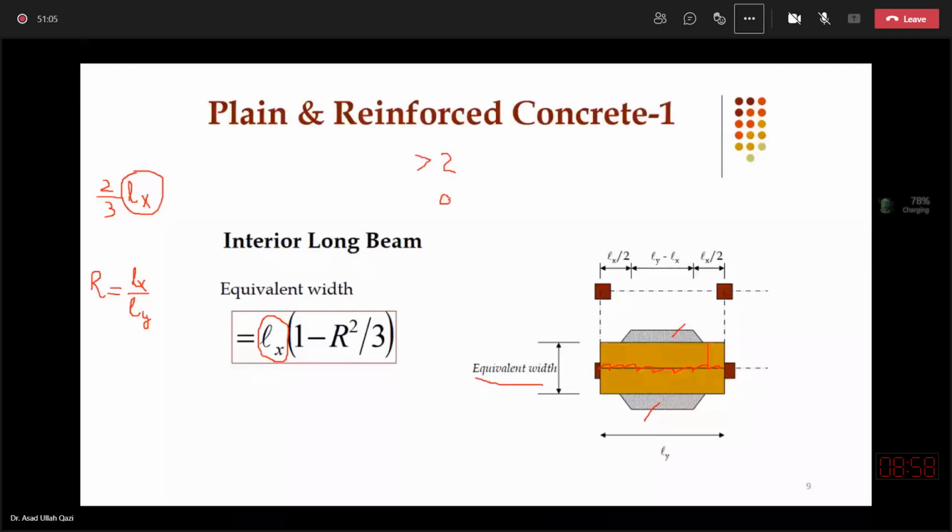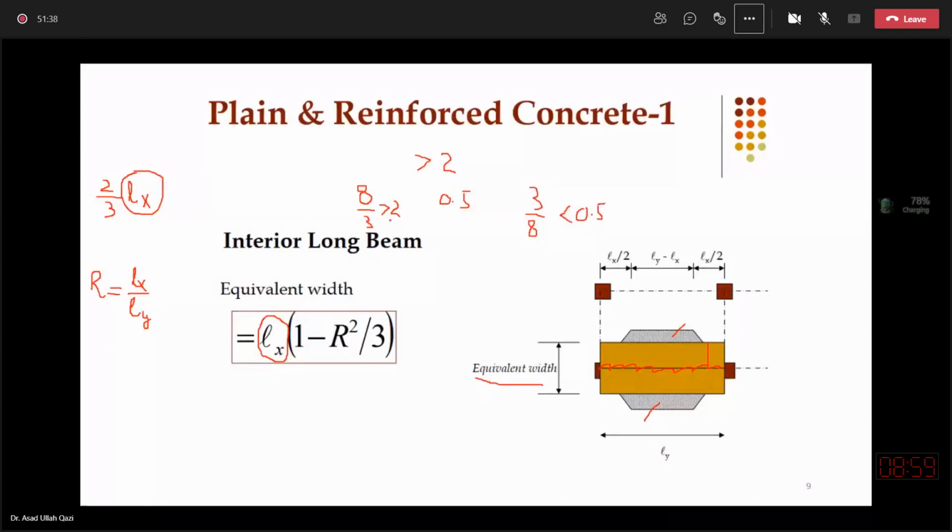Accordingly, you can decide that if shorter over longer is less than 0.5, for example 8 over 3 was greater than 2, and if I say 3 over 8, it is less than 0.5. For both cases, it is one way.